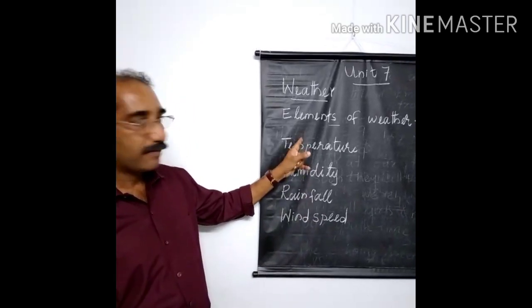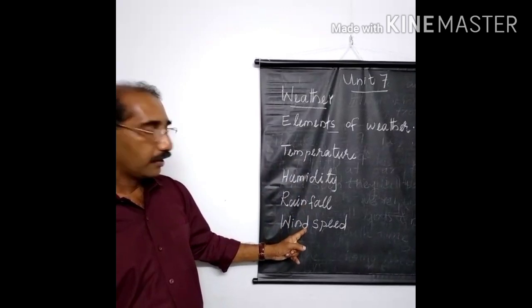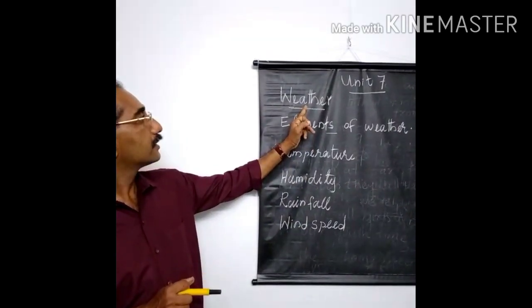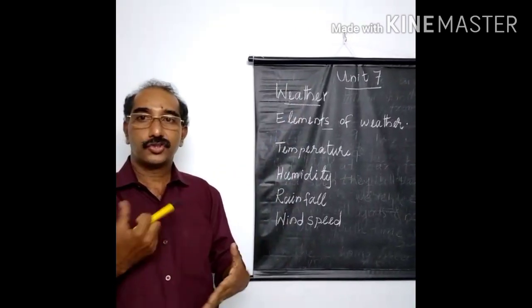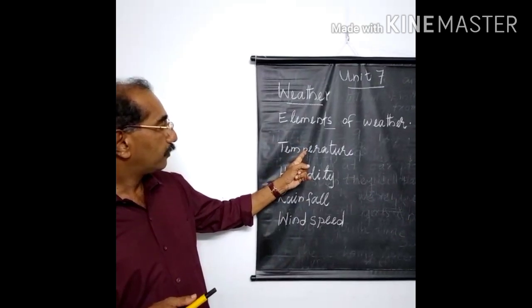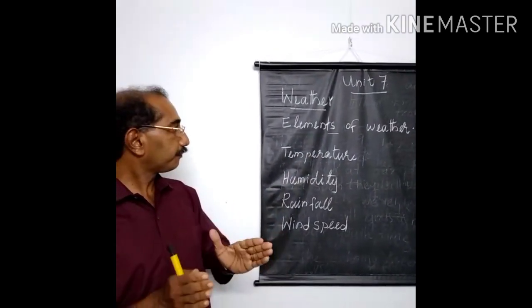So these are the elements of weather. Temperature, humidity, rainfall and wind speed are called the elements of weather, and weather is the day-to-day change in the atmospheric condition with respect to temperature, humidity, rainfall and wind speed.